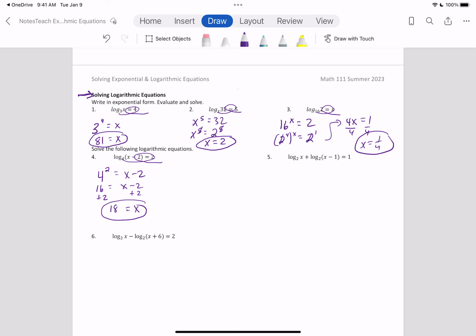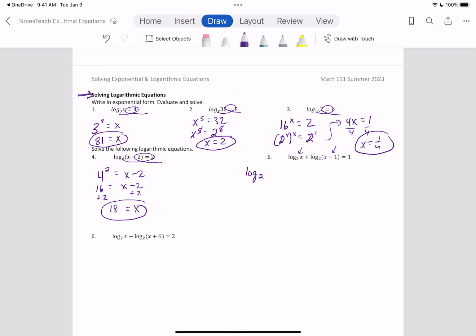Now for number 5, you notice I don't have a single log term. I have 2. So the first thing we're going to have to do is use those properties that we learned to rewrite that left-hand side as a single log. It is a sum, so we're going to use that property 1 and rewrite this as a product.